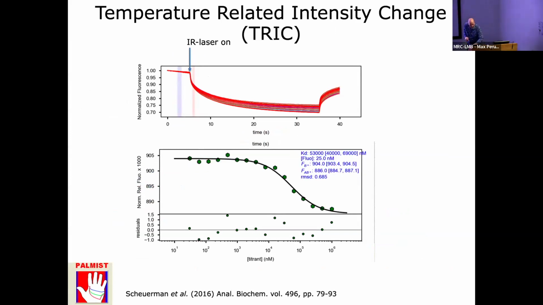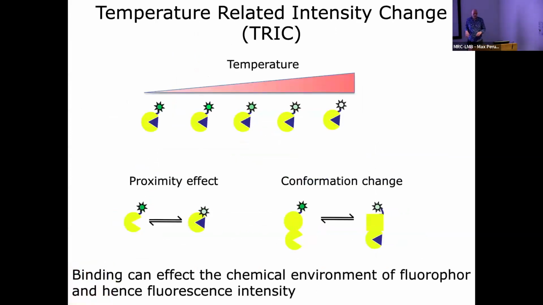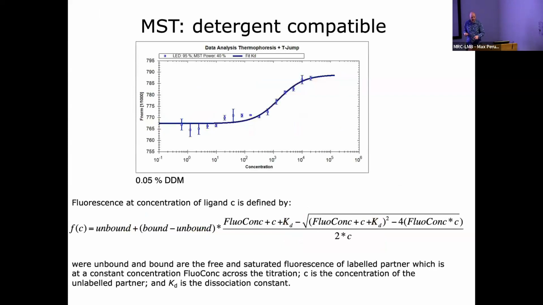As we saw with the Prometheus, when you change the temperature you get a decrease. But maybe if something is binding onto the protein, you get some kind of proximity effect around this fluorophore, or even a conformational change. Then again you fit, with a quadratic equation here, and that's again a ligand depletion method.